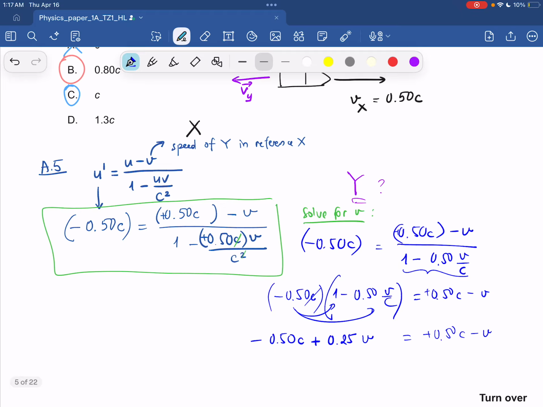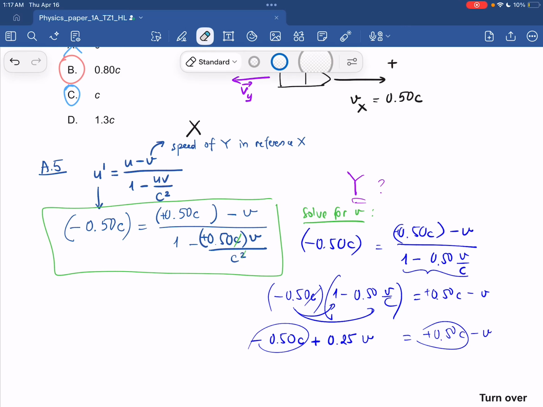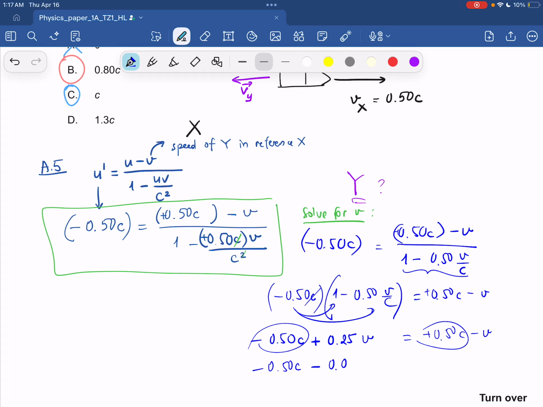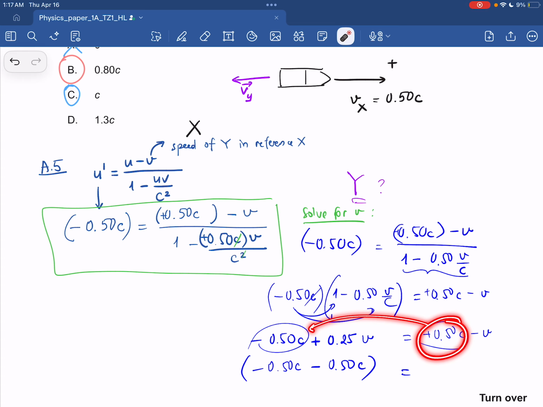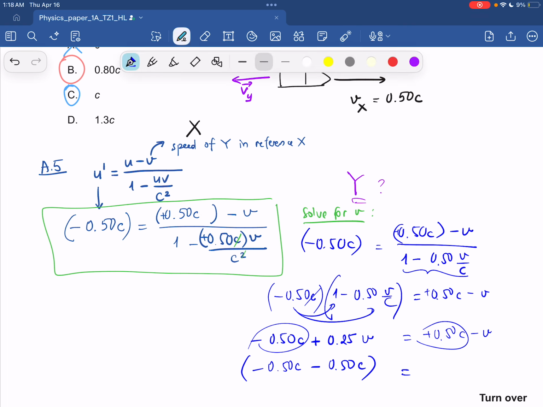Now we just need to move c to one side and the v to one side. Let me do it slowly. I can do it fast, but let's just do it slowly. Minus half of the c, we move this one to the other side, so the plus becomes the minus. Then you got minus 1 of the v.